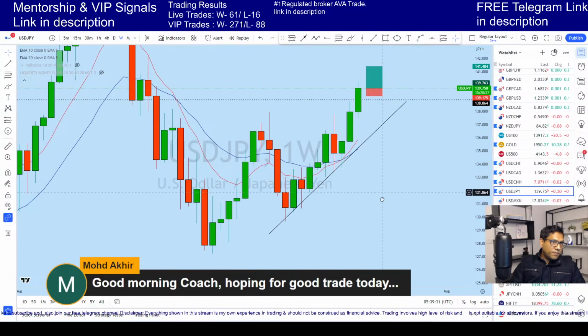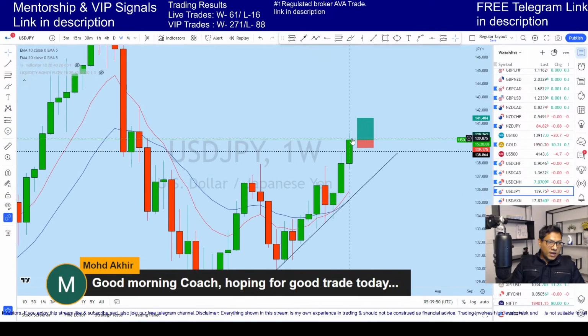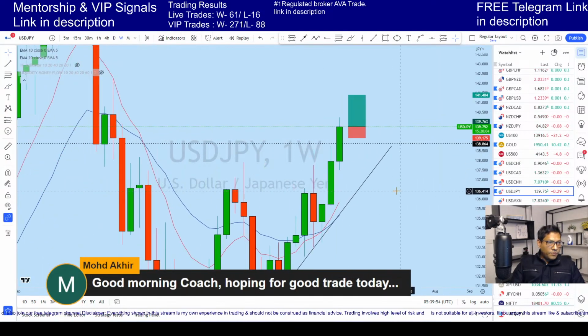From this zone we saw a narrow weekly candle form. Then dollar yen formed another bullish candle with a long wick at the top, and this is the current weekly candle, which is also a bullish candle.